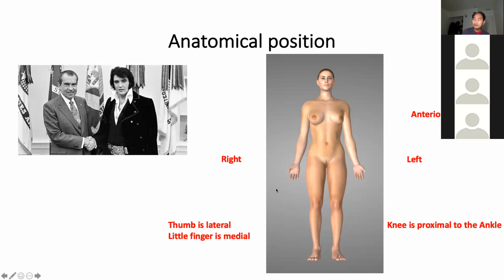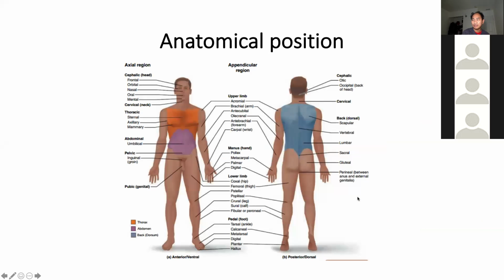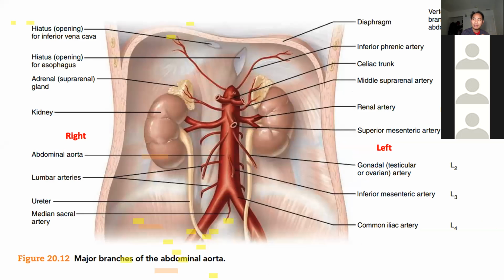And I believe you all remember lateral and medial, proximal and distal, anterior and posterior. These terminologies we are going to use again and again, and therefore they are important. If I give you a diagram, I want you to say this is the right kidney, this is the left kidney. This is not the right side, this is the left side, because we put ourselves in that diagram.